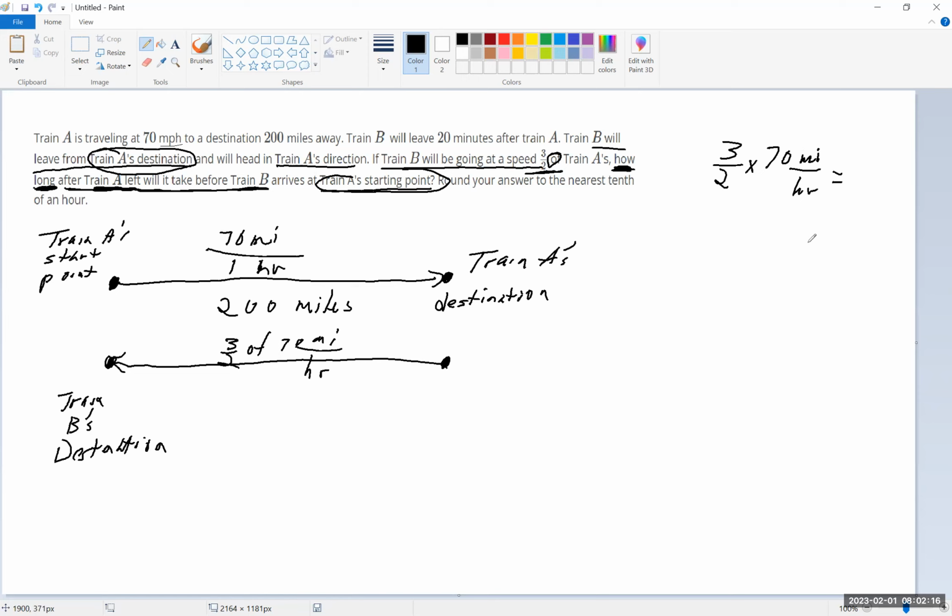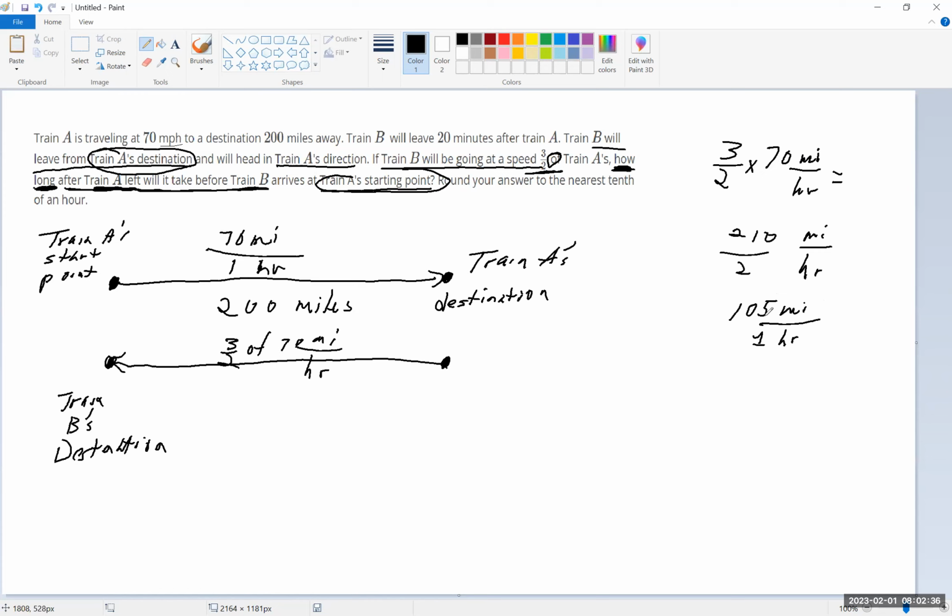We're going to keep the units of miles per hour. And 70 times 3 is 210 over 2. So that's 105 miles per hour. And we could put a 1 on the bottom if we want to.